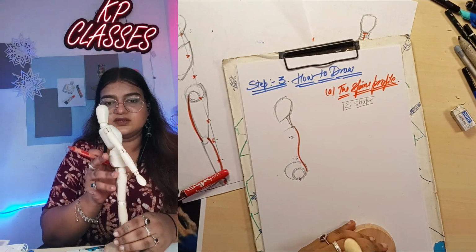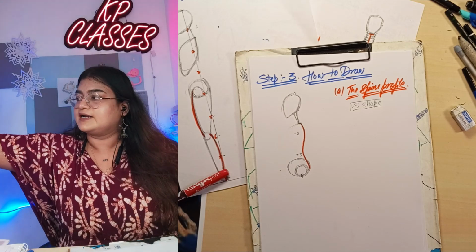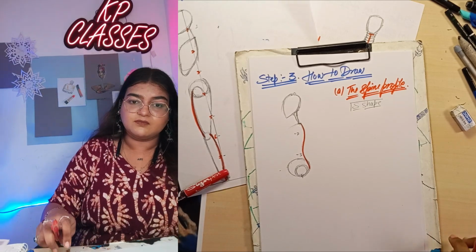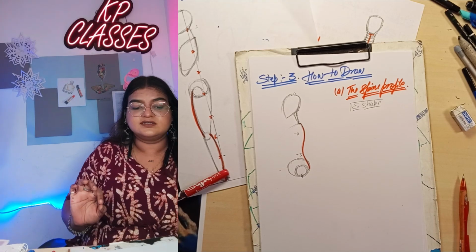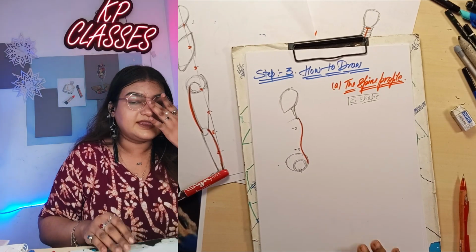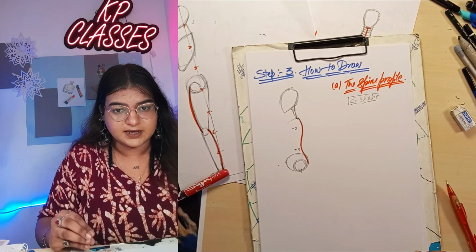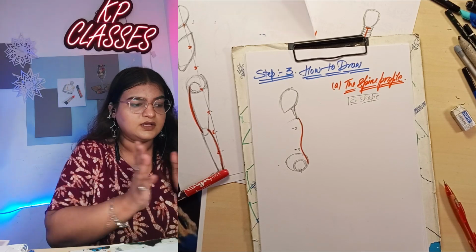Right? So again, we will practice this more. This all will make more sense when we draw the line figures or the stick figures. So that's how these pointers are helping us in the whole matter.